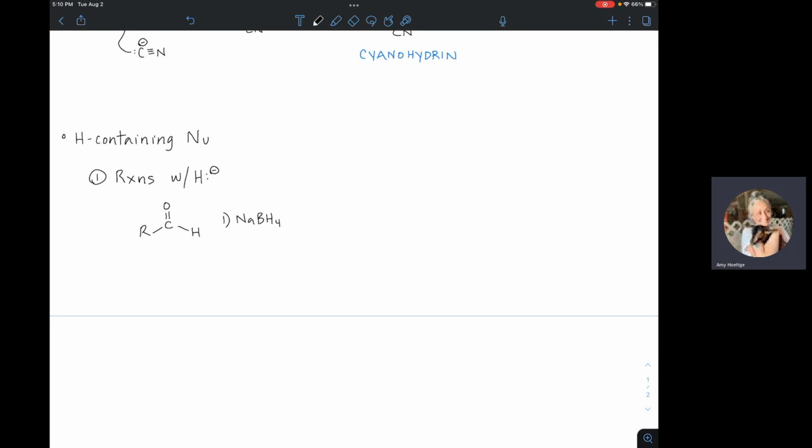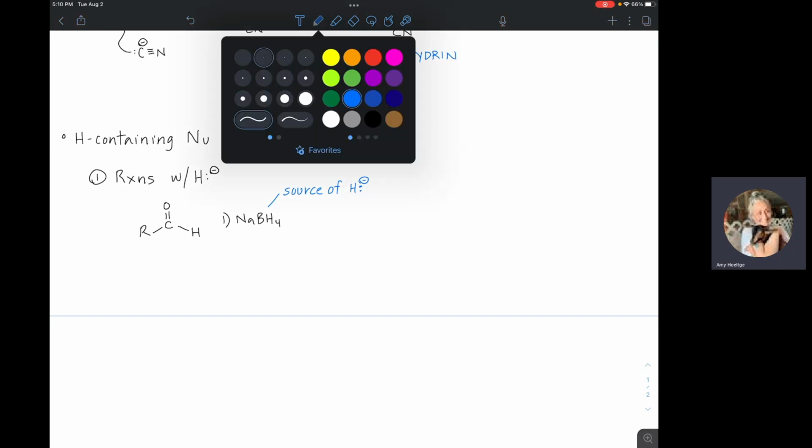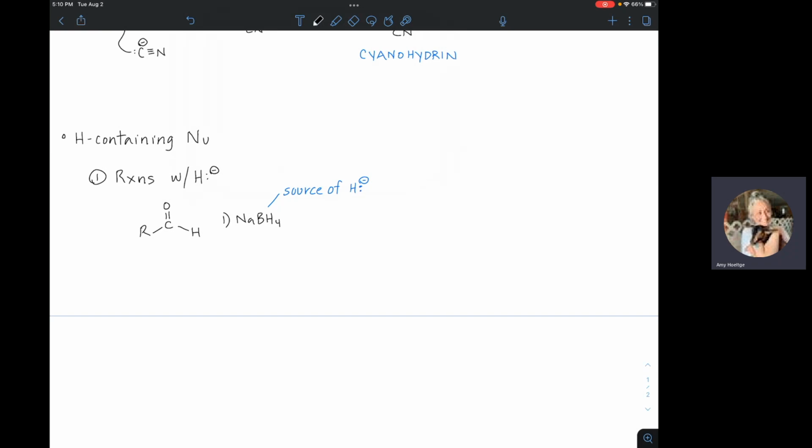First step, this right here is our source of H minus. So in other words, you can look at this a couple of different ways. We have a hydrogen containing nucleophile, right, H minus, which is essentially going to share its electrons with the carbon of the carbonyl.